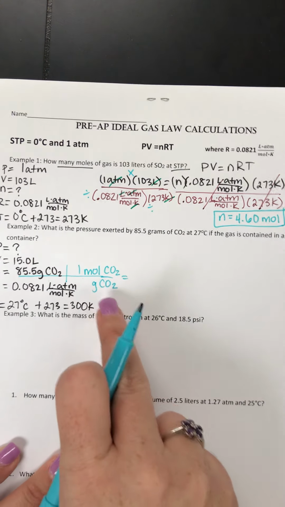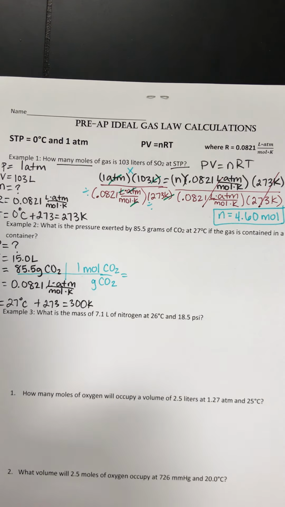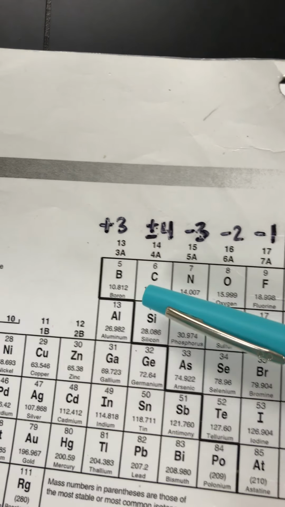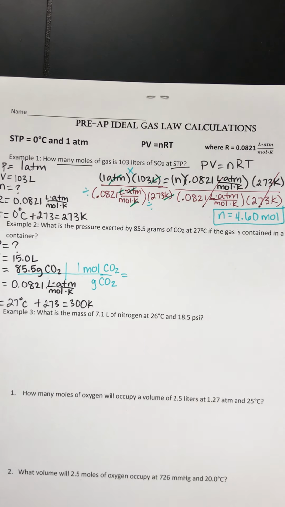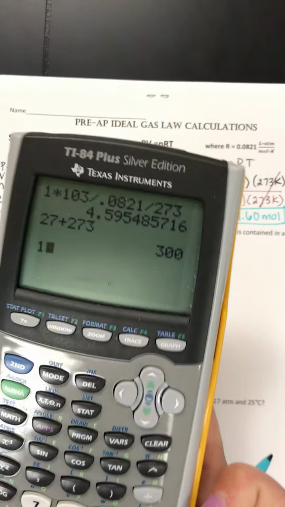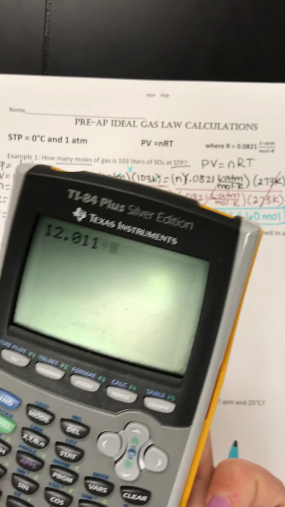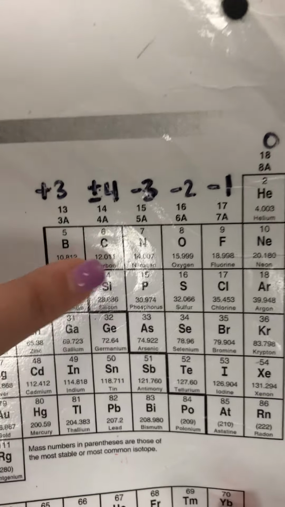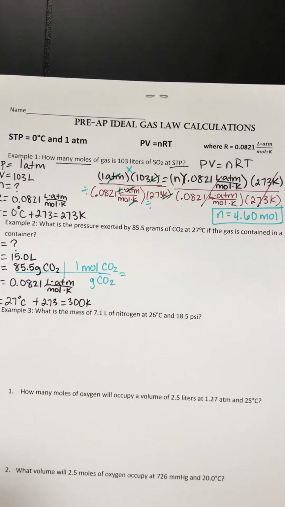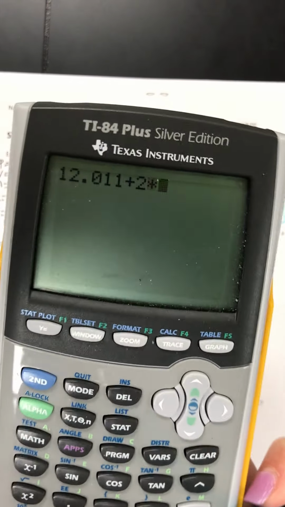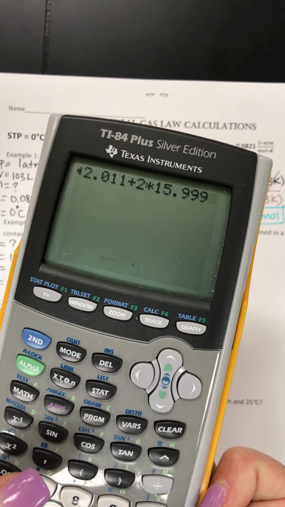So we're going to add together the mass of C plus 2 times the mass of O. So carbon's mass is 12.011. So 12.011 plus, and then oxygen is 15.999, and there's 2 of them in my formula. So plus 2 times 15.999.